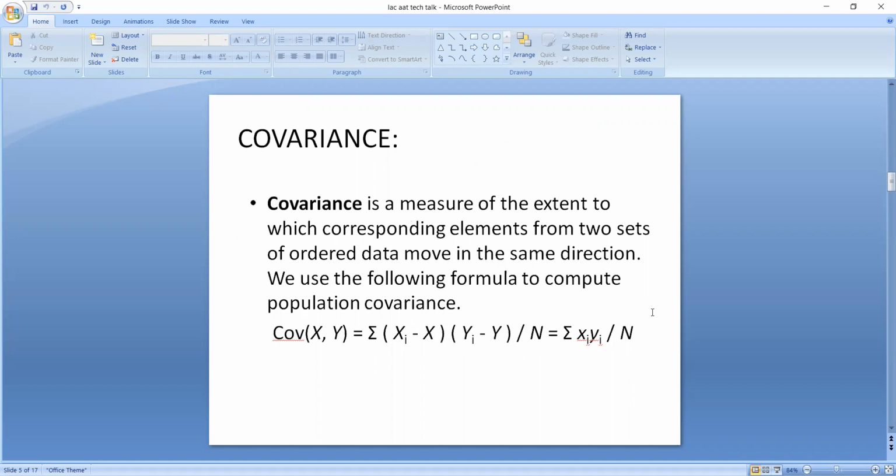The covariance formula is sigma of (xi minus X) multiplied by (yi minus Y), divided by capital N, which is also written as sigma of xi yi divided by N, with the variables as explained before.